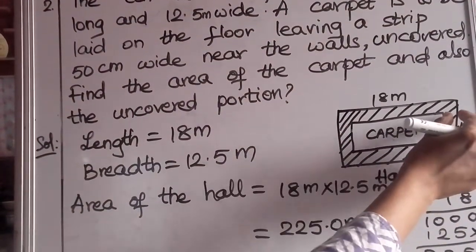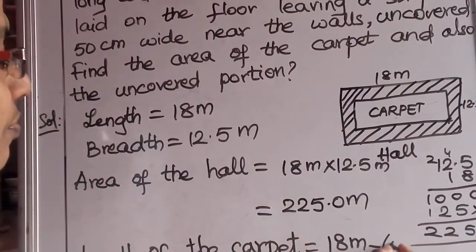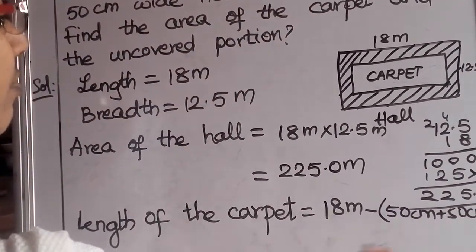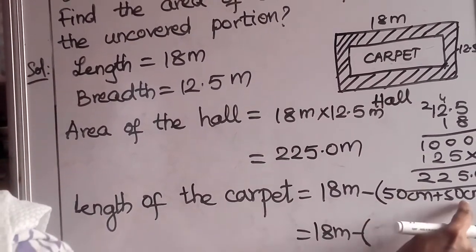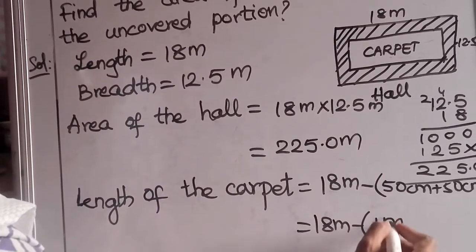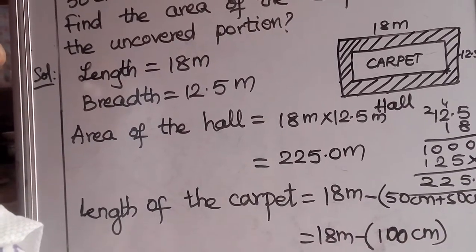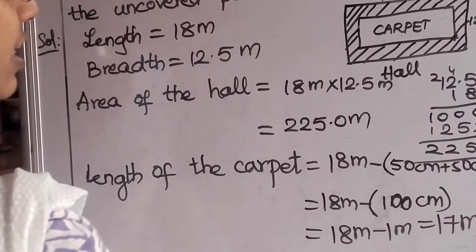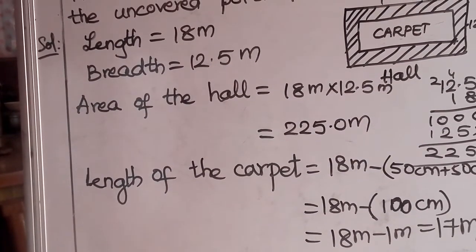Here 50 centimeters and here 50 centimeters is given. 50 centimeters plus 50 centimeters. Okay. So this is 18 meters minus 50 plus 50 is 100. 100 centimeters make 1 meter. Okay. Or you will write another step. 100 centimeters. This is nothing but 18 meters minus 1 meter, which is equal to 17 meters.